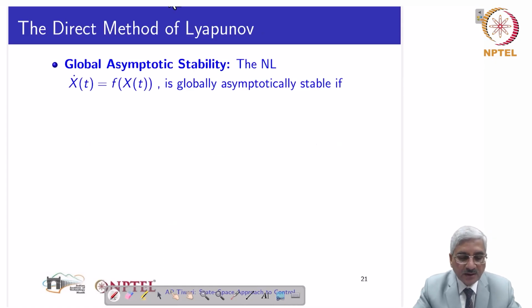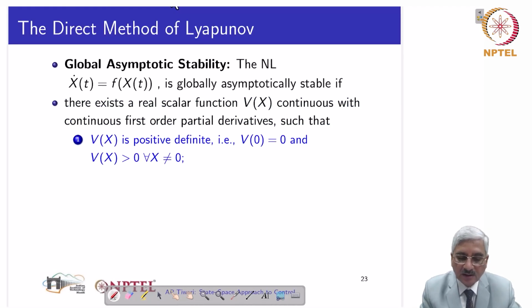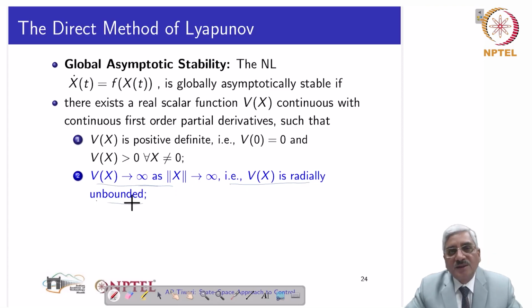Now we extend the definition to global asymptotic stability, this global. Now, to be globally asymptotically stable, it should satisfy the properties given here, that first of all, it should be continuous, its first order partial derivatives should be continuous, it should be positive definite, and it should be radially unbounded.